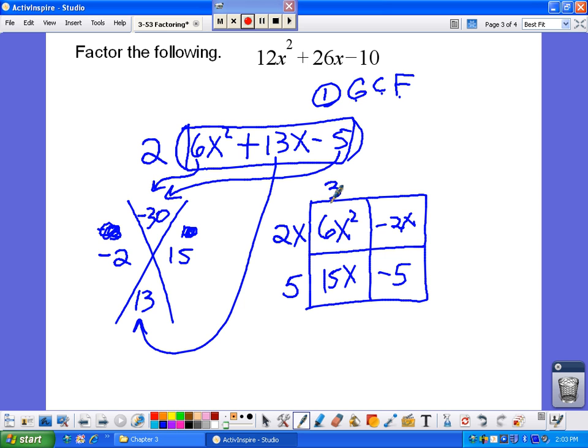So I'm looking at 3x. 2x times what gives me negative 2x? Negative 1, I think. 5 times 3x is 15x. 5 times negative 1 is negative 5. So this must have a plus sign in between. So my factors here are 3x minus 1 and 2x plus 5.